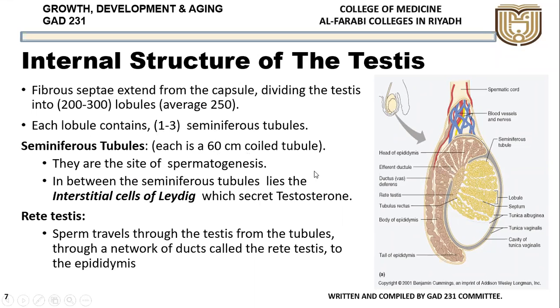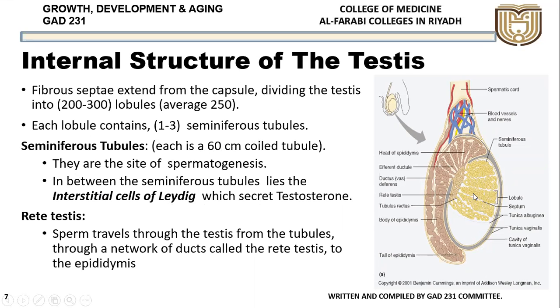Each seminiferous tubule is a very long tube, almost 60 centimeters long. Even though it is 60 centimeters long, it is put in a very small cavity because it becomes spiral and can fit into this lobule. These are the sites of spermatogenesis.